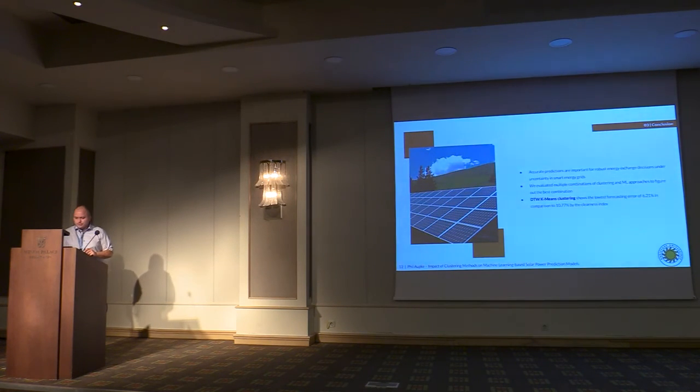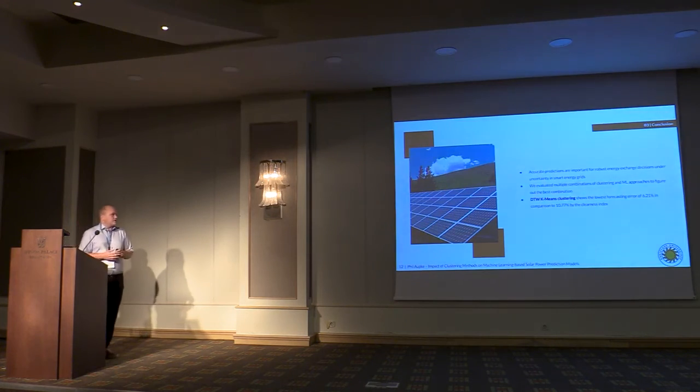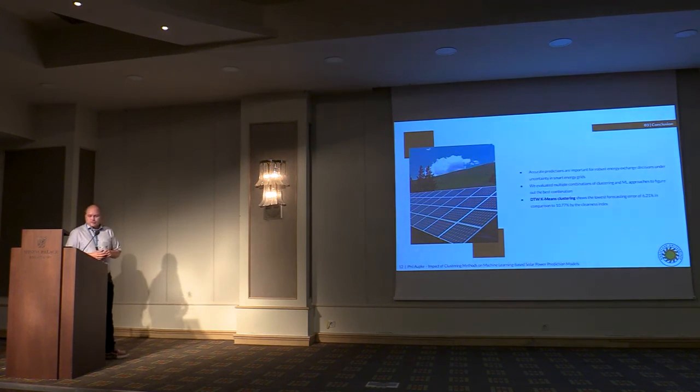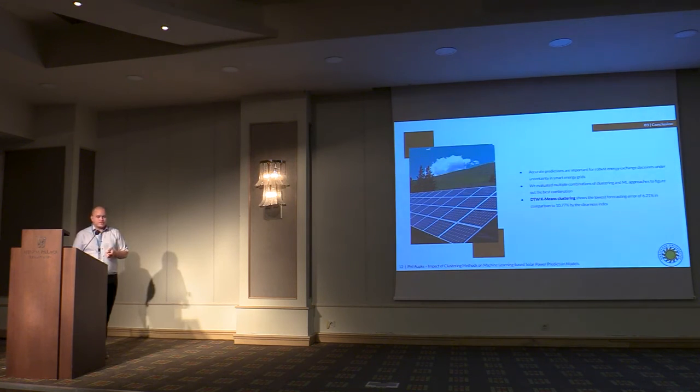So for the conclusion, in general, it's really necessary to have an accurate prediction for the management of the decision maker, the decider in the system. But it's really difficult because of the uncertainty in smart energy grids.